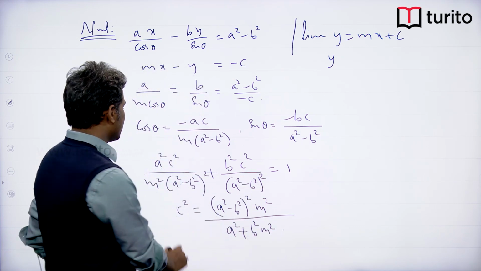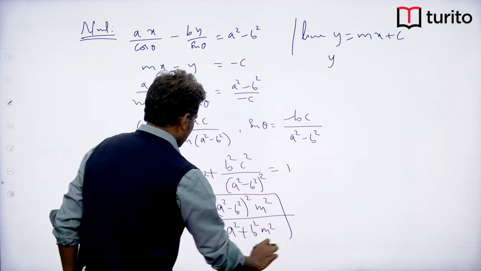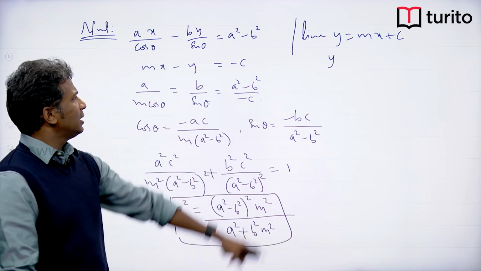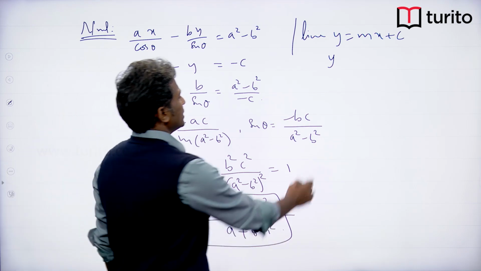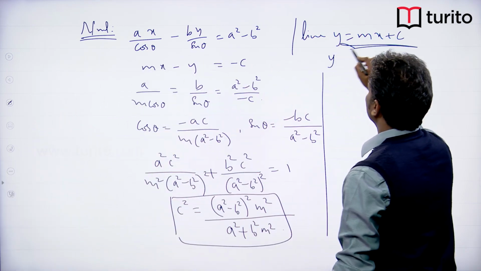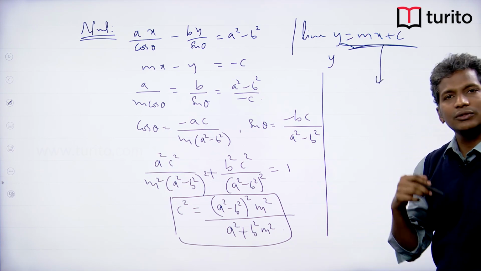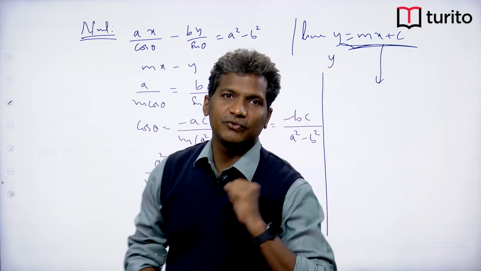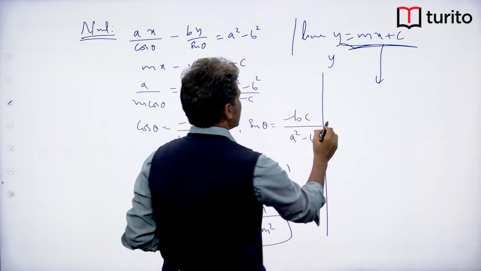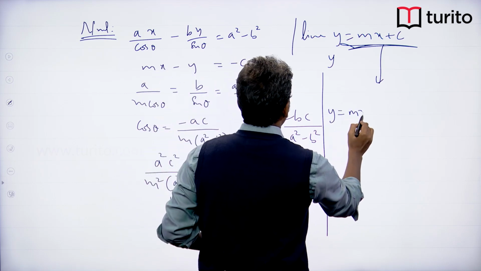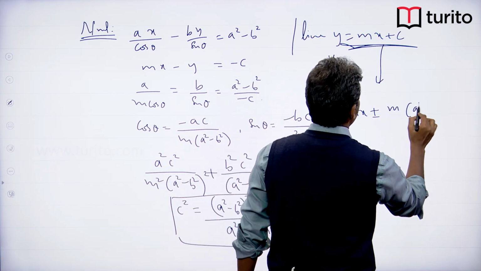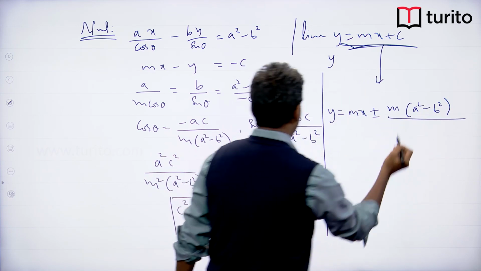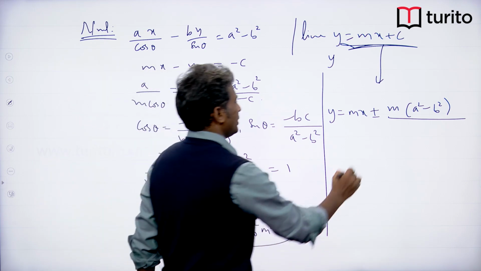So this is the condition for the normal of the line y equal to mx plus c. Now if we put this condition back in this equation, we should get the equation of the normal in slope form. So we can say that y equals mx plus minus m into a square minus b square by, what is the denominator?